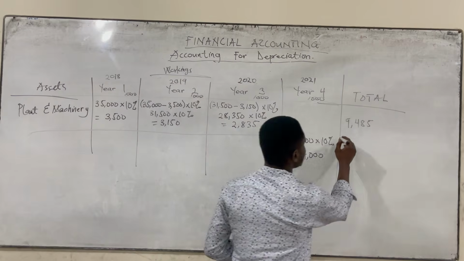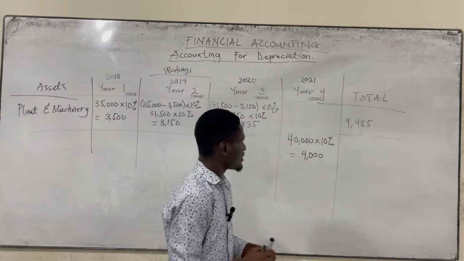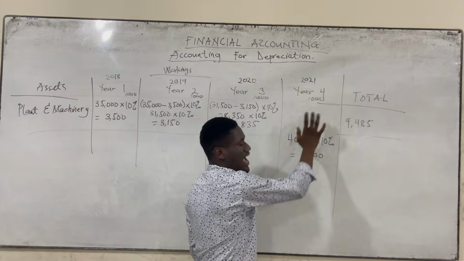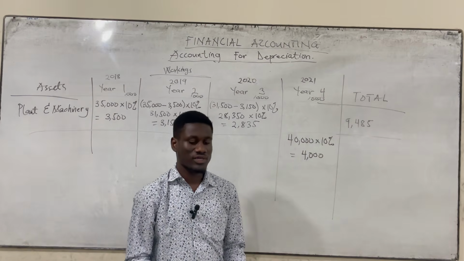So that means that this is the total depreciation for the asset used for 4 years. Do you get it?